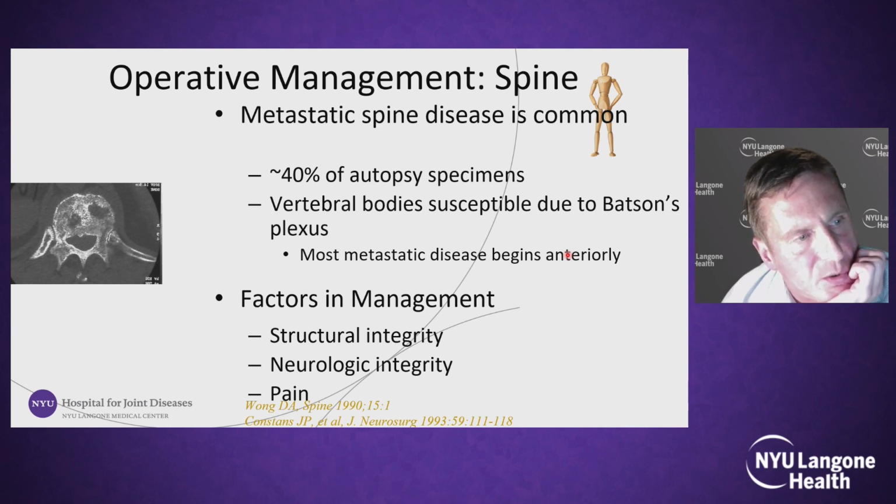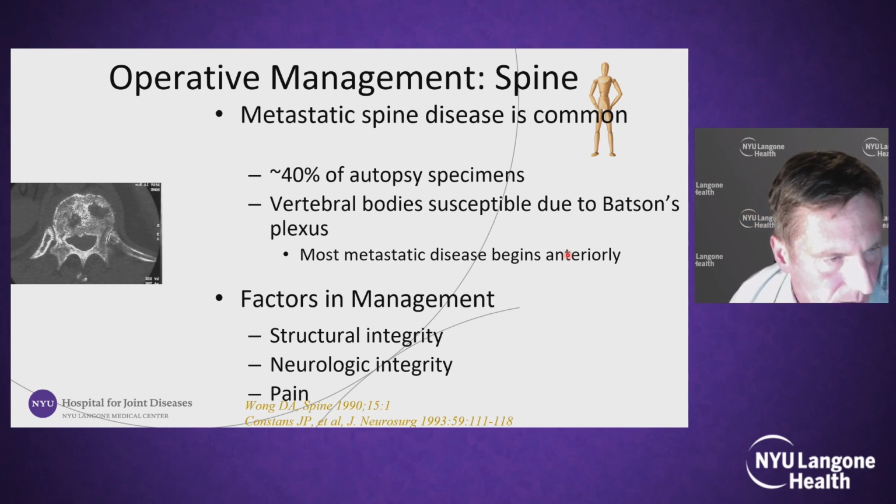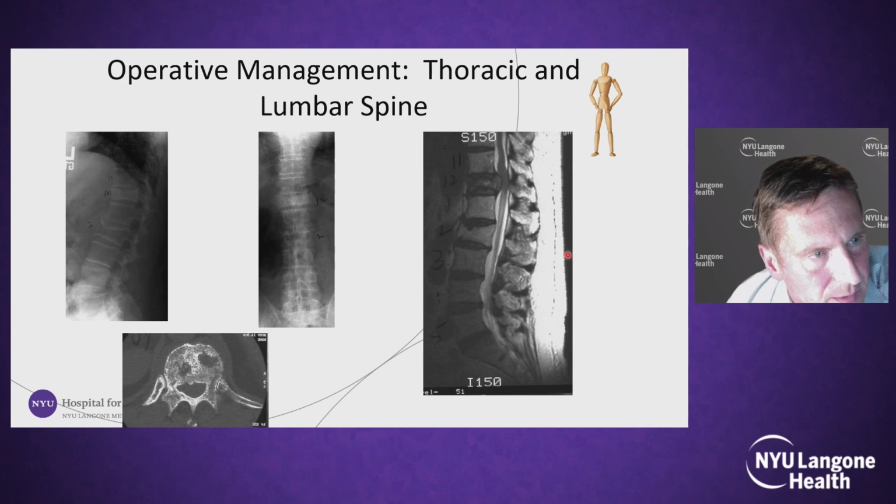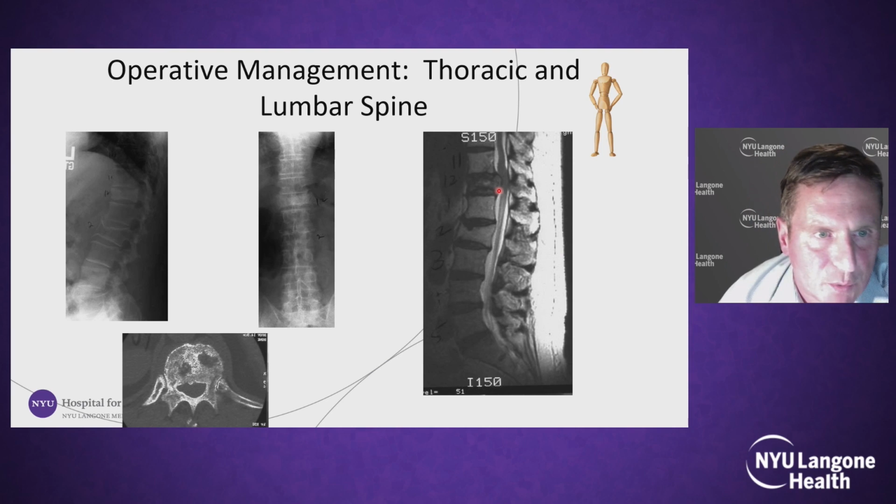I look at the OR schedule frequently, and there are very limited indications for surgery for metastatic bone disease to the spine, because, just like spine surgery in general, these are long, potentially complicated surgeries, and maybe not in the patients with the best comorbidities. So unless somebody has a progressive neurologic deficit that is failing medical management, spine operations are not frequently done. This is an example of one where it was done.